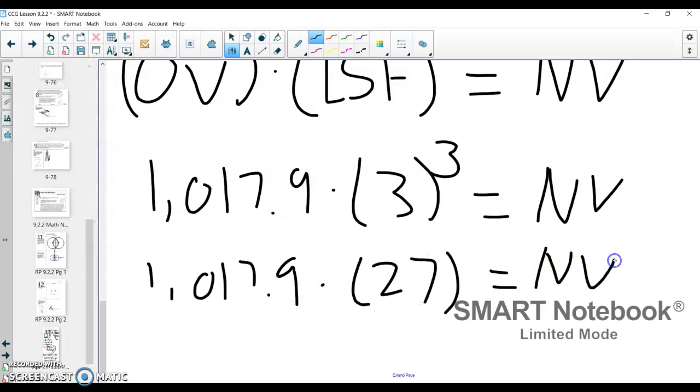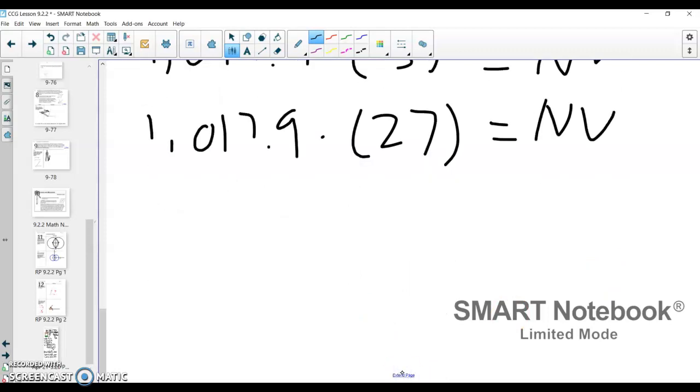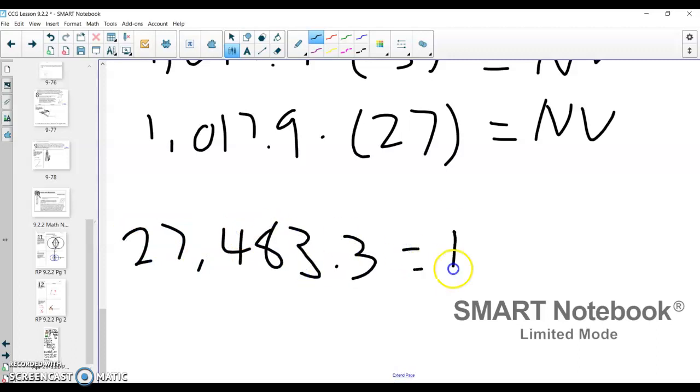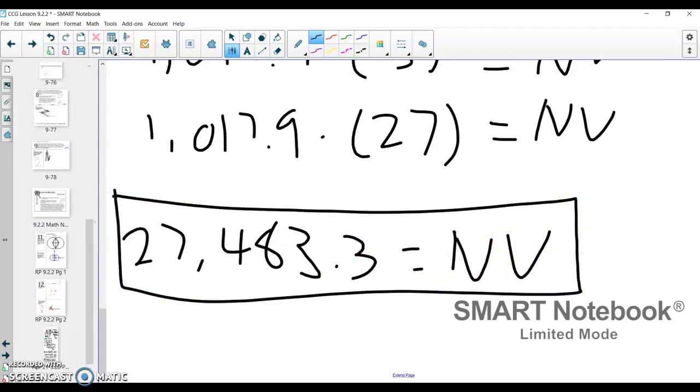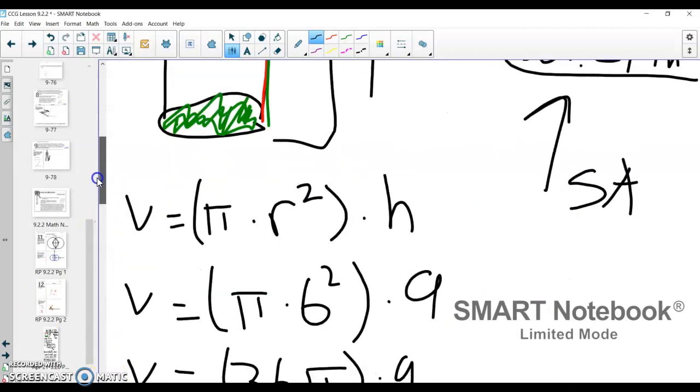And that'll give me my new volume. And when I multiply this out, 1017.9 times 27, I get a big volume, as I should, of 27,483.3 as my new volume. All right, and that's the answers to this whole question.